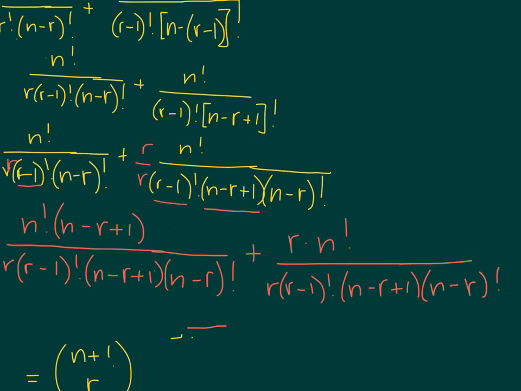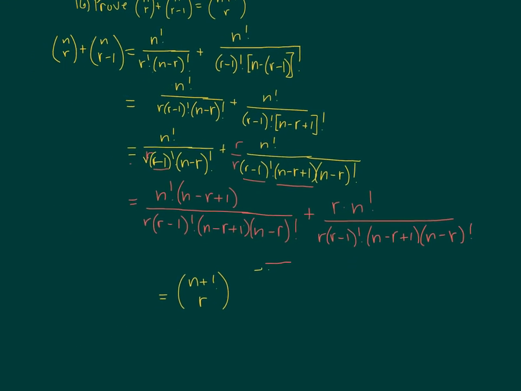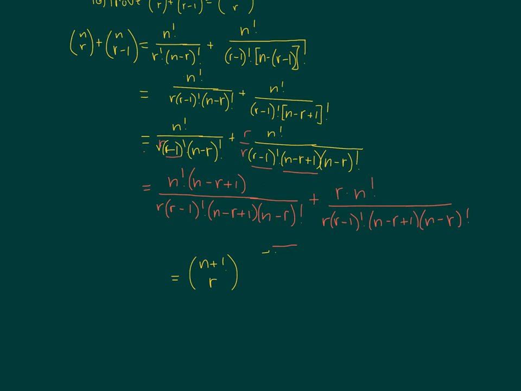It's kind of messy, so let me squish this and see where we are. Let me clean it up a little bit. At least I have the same denominators. So I'm going to write this with a single denominator. I have an r and r minus 1 factorial, so I'm just going to write that as r factorial.